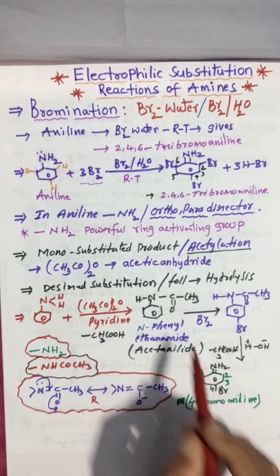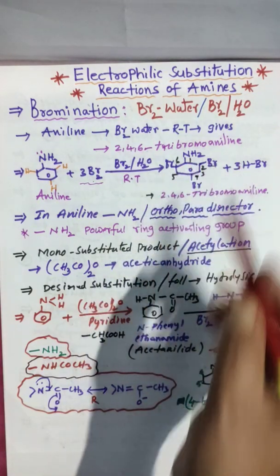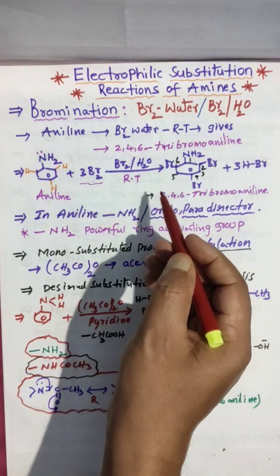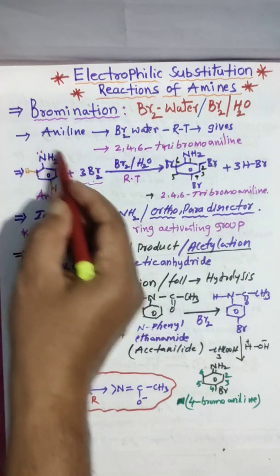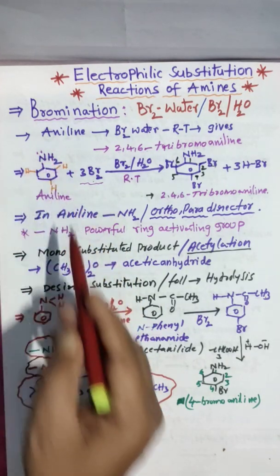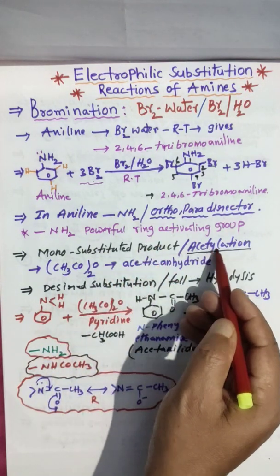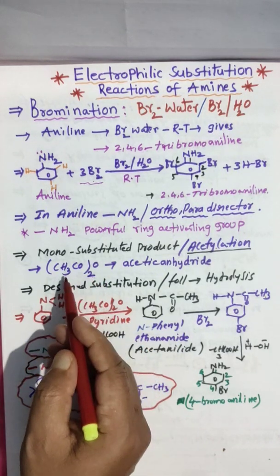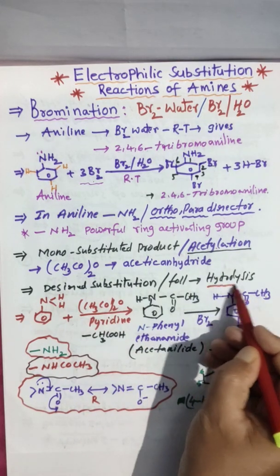4-bromoaniline. And here what you got? 2,4,6-tribromoaniline. So to control the activation of the amine, the NH2 group, what we have to do? We have to do acetylation, which is nothing but treating with acetic anhydride followed by hydrolysis.